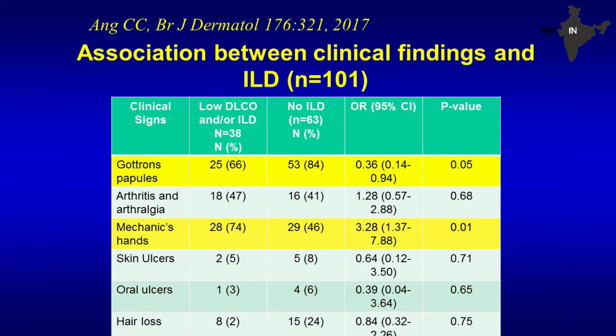We have found that mechanic's hands are present more frequently in patients who have interstitial lung disease, but plenty of patients have mechanic's hands and don't have ILD, so it's only really an association. But if you have a patient that you think has dermatomyositis, it is worthwhile to screen their lungs and get pulmonary function tests, including diffusion capacity, to rule out interstitial lung disease.